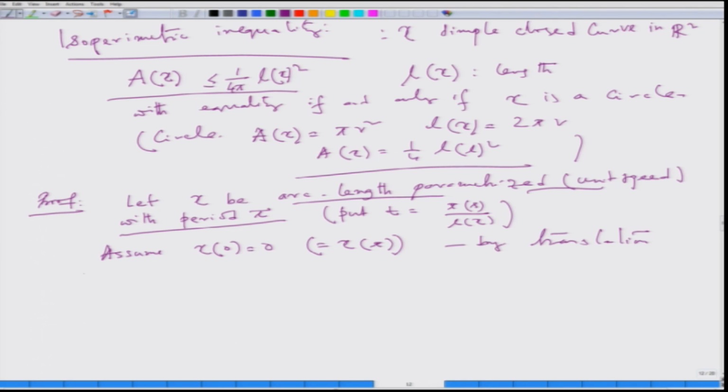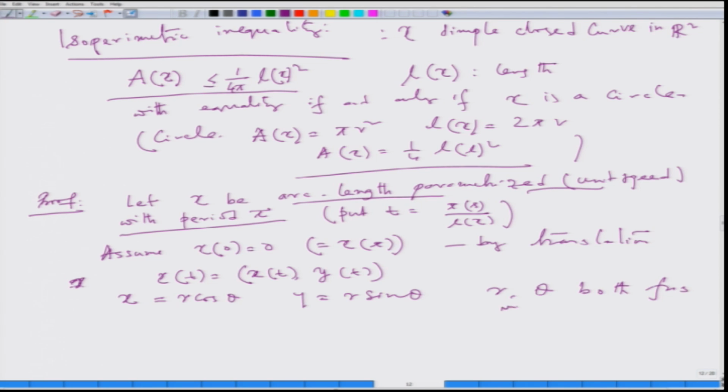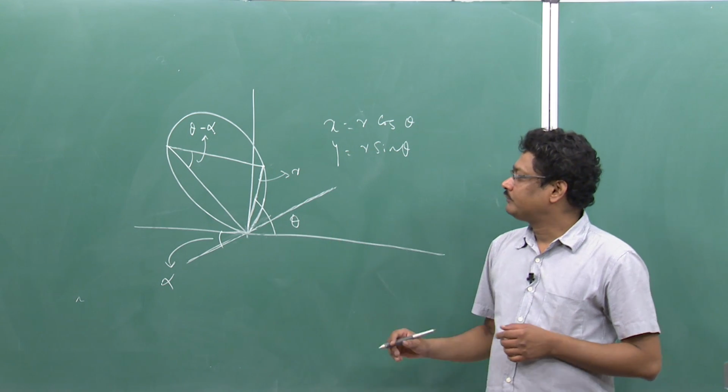Now, consider gamma t as two coordinates, x t and y t, and I put x equal to r cos theta and y equal to r sin theta in polar coordinates. So, r and theta are both functions of t. Here is the picture.